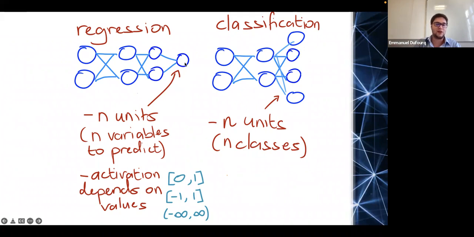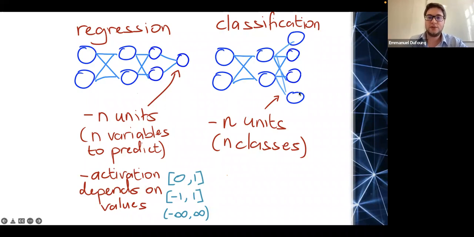If we're trying to predict rain and temperature, we might have two units here, since both of those are producing numerical outputs. And for a classification problem, we would have as many units as there are classes in the problem. So if we have 10 classes, then we would have 10 units. Hopefully this gives you an idea of the structure of the neural network for the two different types of problems, regression and classification.